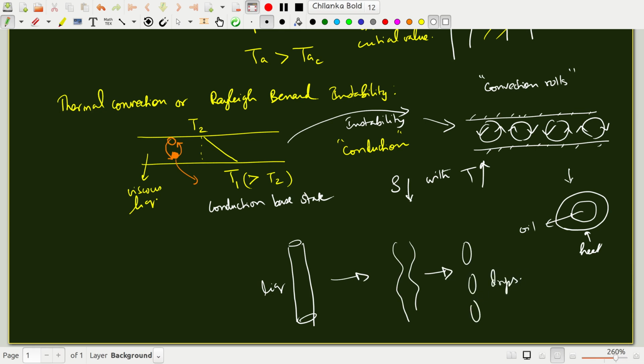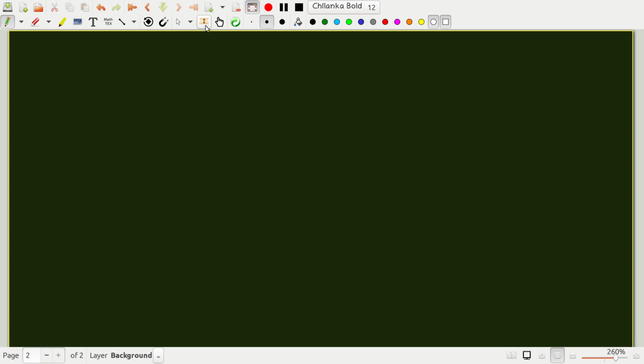All these are examples of how a fluid mechanical system transitions from a simpler state to a more complex state. And in one of the most important examples, that complex state is the fully turbulent state, as in the case of the pipe flow experiment. Now, why do we study hydrodynamic stability?